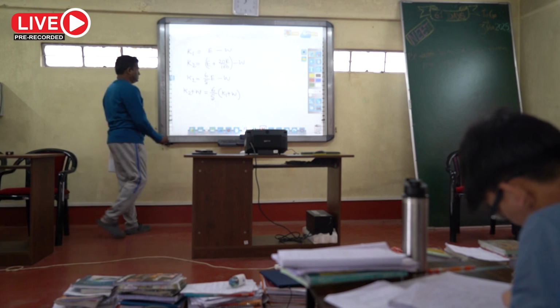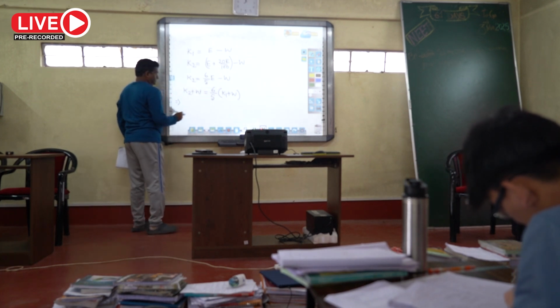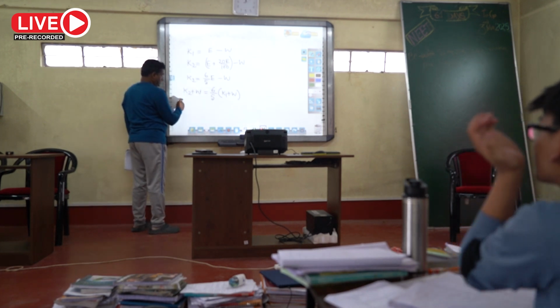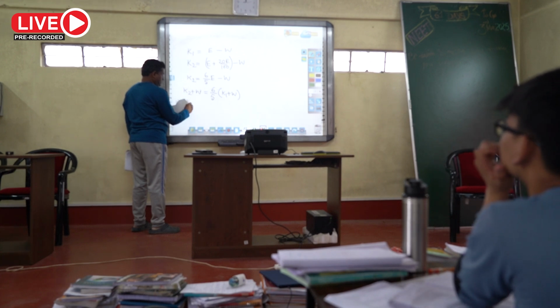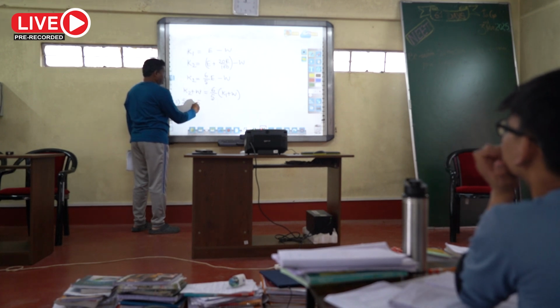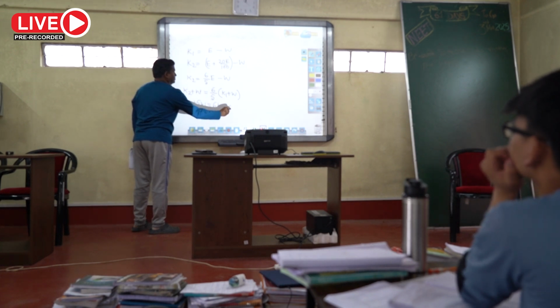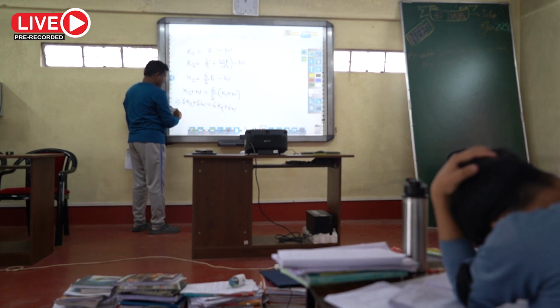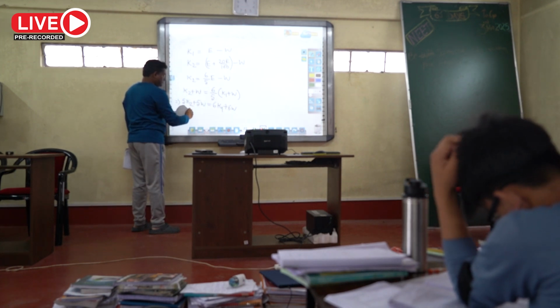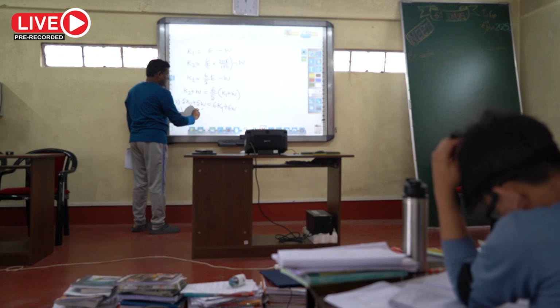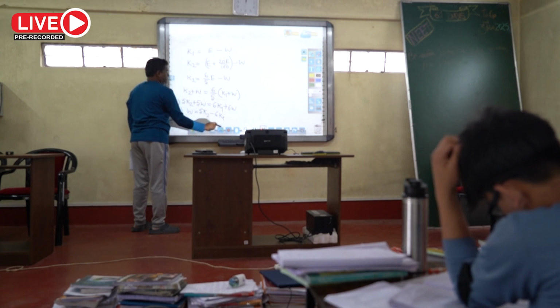Then it will be 5K2 plus 5W equal to 6K1 plus 6W. So W equal to 5K2 minus 6K1.